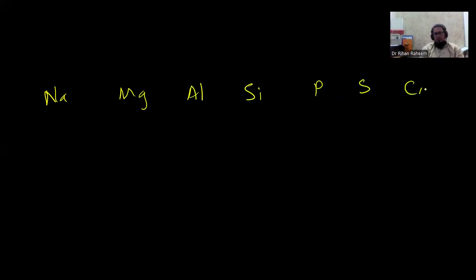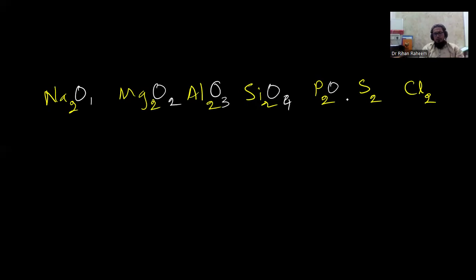We can memorize only the third period. Put two here, two here, two here, two here, two here, two here, two here. Now we have to write the oxides. Then put oxygen 1, oxygen 2, oxygen 3, oxygen 4, oxygen 5, oxygen 6, oxygen 7.